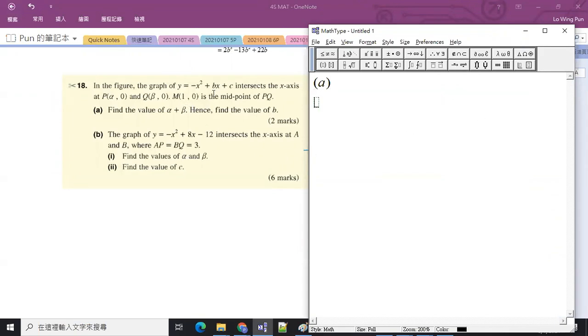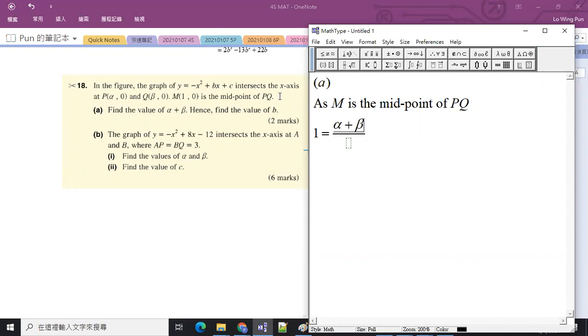我哋知道咧 M is the midpoint of PQ, right? As M is the midpoint of PQ, and the x coordinates of M should be equal to the sum of the x coordinates of P and Q and then divided by 2.